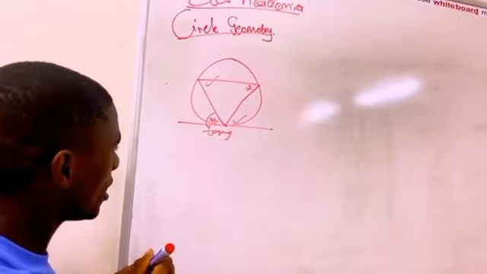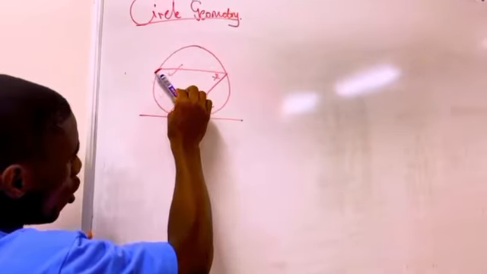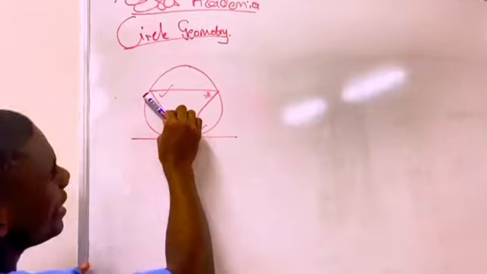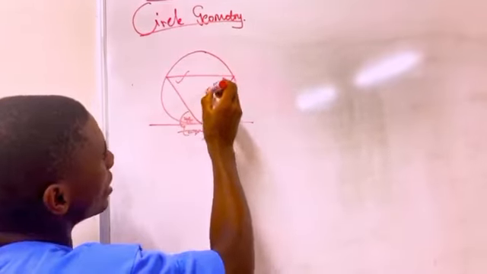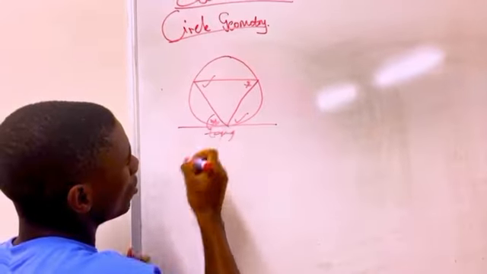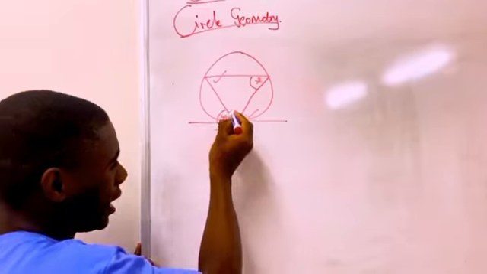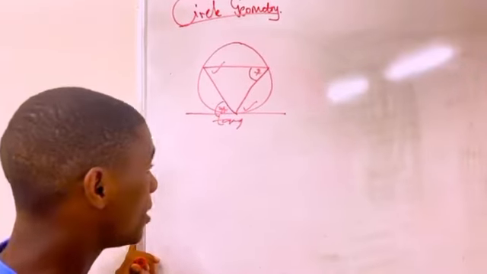In a simpler way, we can say the angle that is formed between a tangent and a chord is equal to the angle that is opposite to the chord. Okay, let me repeat.